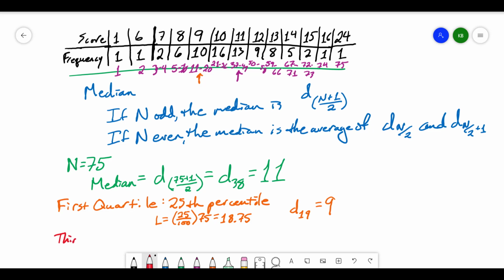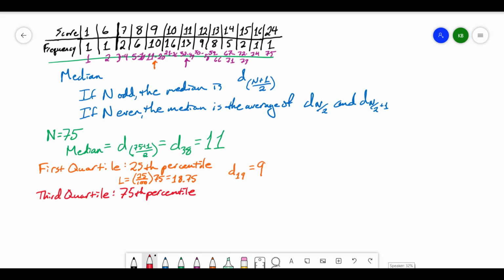Now, the third quartile is another interesting value to me, and that is the 75th percentile. We can calculate this the same way by using the locator value, or we can look at it and say the 25th percentile should be the same distance from the 50th percentile as the 75th is. So I'm looking for D38 plus the difference between 38 and 19.